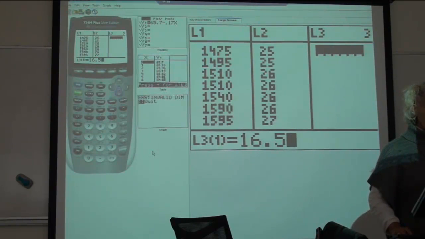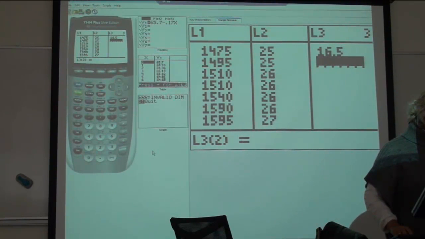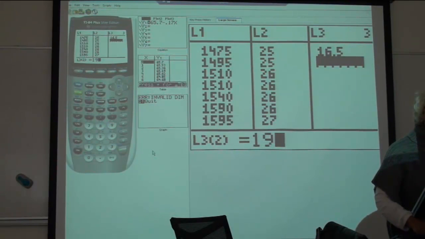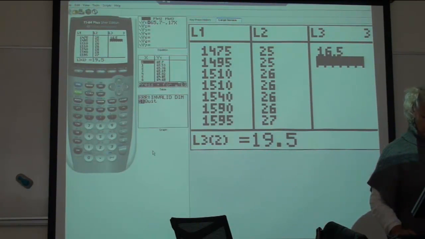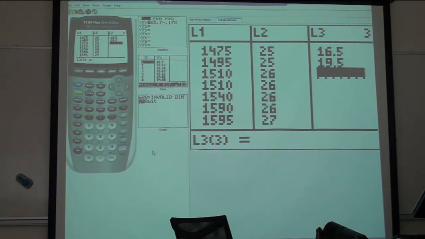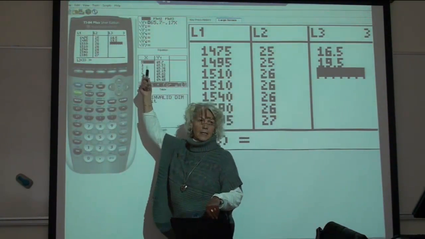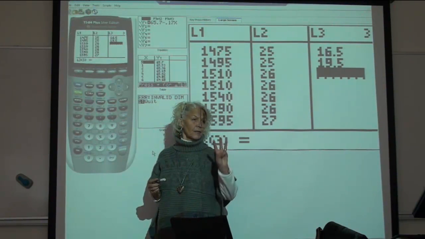Any problem with how I found these first two? I've added the two together and divided by 2. How far apart are these two numbers? 16 and a half and 19 and a half. 3. Yes?